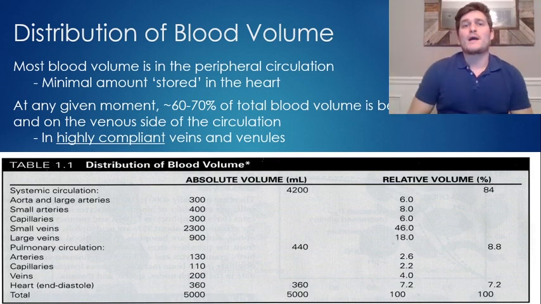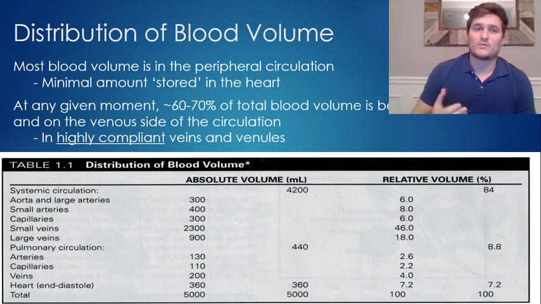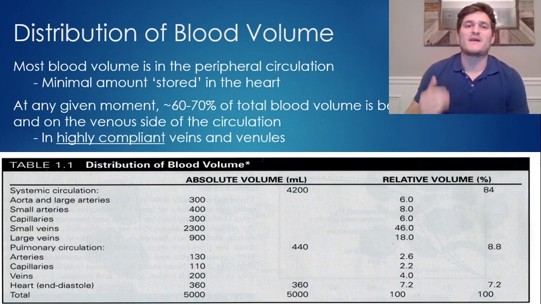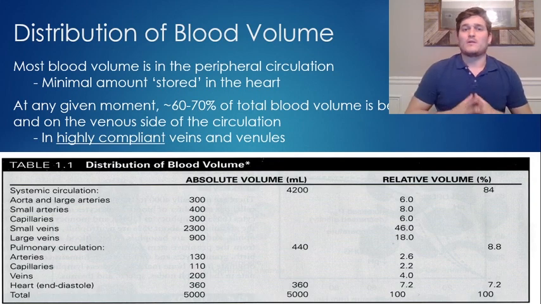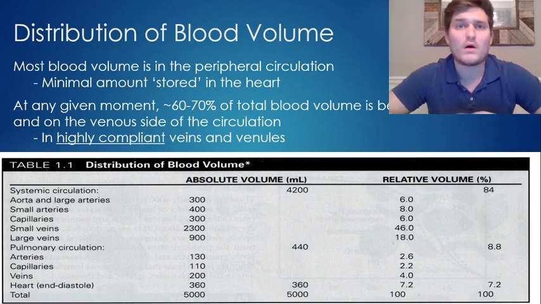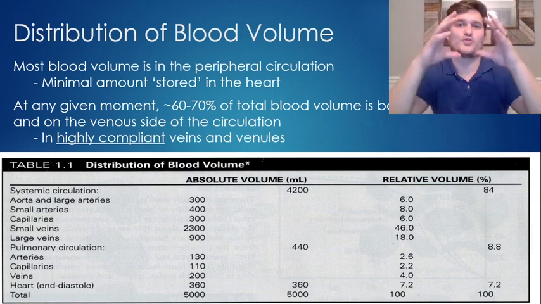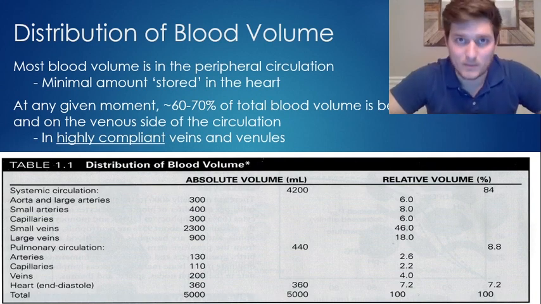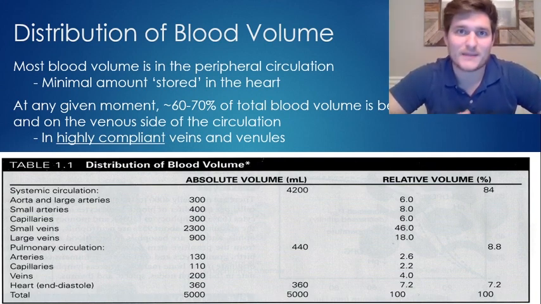And the reason why most of our blood is stored within the venous circulation is because these vessels are highly compliant, meaning that they can store large volumes of blood without a large change in pressure. The walls of the venous vessels will stretch as they take on more blood volume, and that is why they are more compliant.